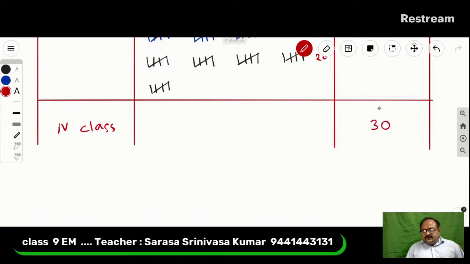Number of students is 30. So 30 tally marks can be written as 5 multiplied by 6, that is equal to 30. So let us write the tally marks.